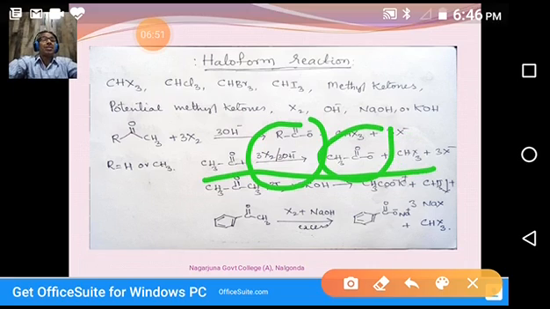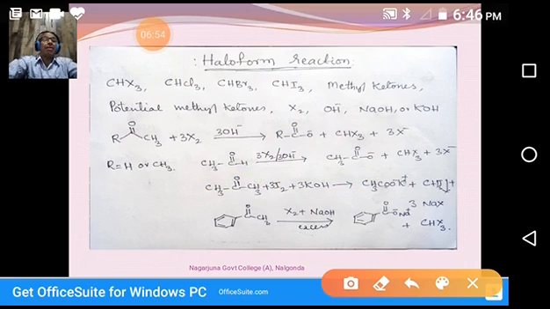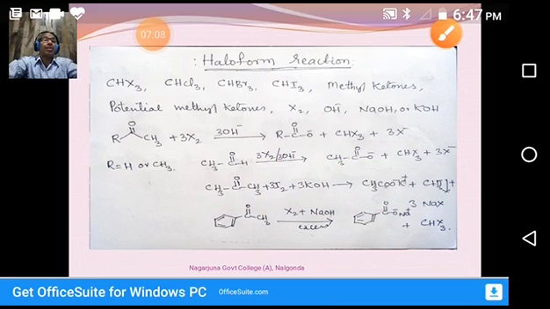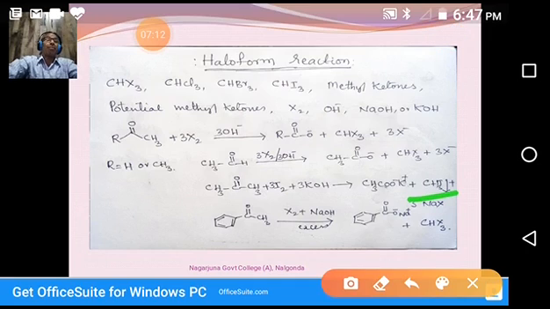So this is another example of the haloform reaction. If you take acetone with iodine and excess of NaOH or KOH, we get potassium acetate and iodoform, CHI3. If you take bromine, you get bromoform. So in general, it is a haloform reaction.